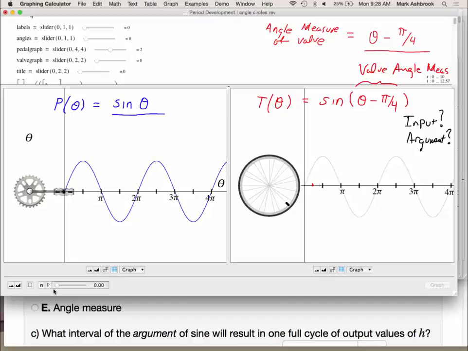So what is the graph of t going to look like? If it's lagging behind by pi over 4, where will that graph be relative to the graph of p? What would behind mean? Would it mean shifted to the left or shifted to the right? It's behind. It doesn't start its cycle until theta hits pi over 4. And now it's going to start its cycle.